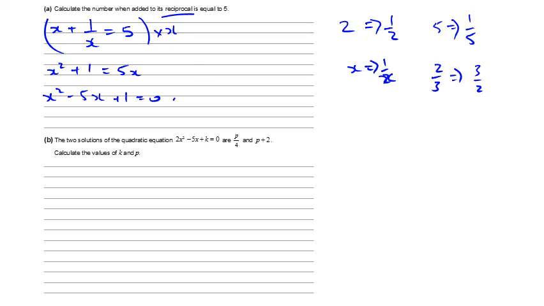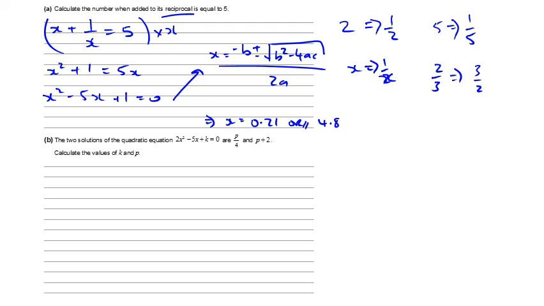And therefore you chuck it into your x equals negative b plus or minus the square root of b squared minus 4ac, all over 2a, and you'll get x is 0.21 or 4.8. Everyone happy with that?